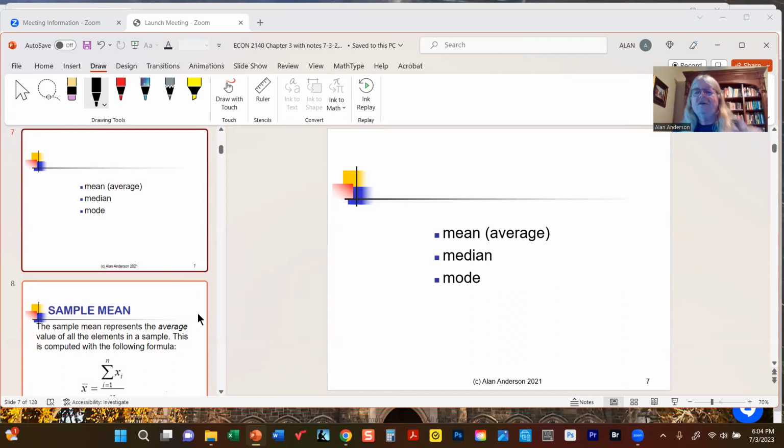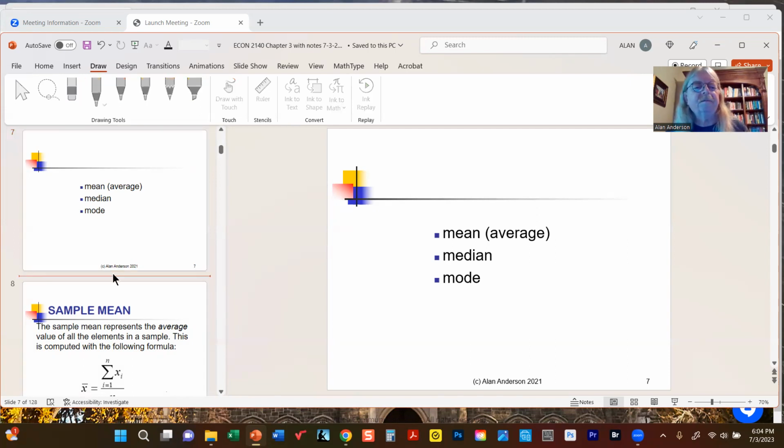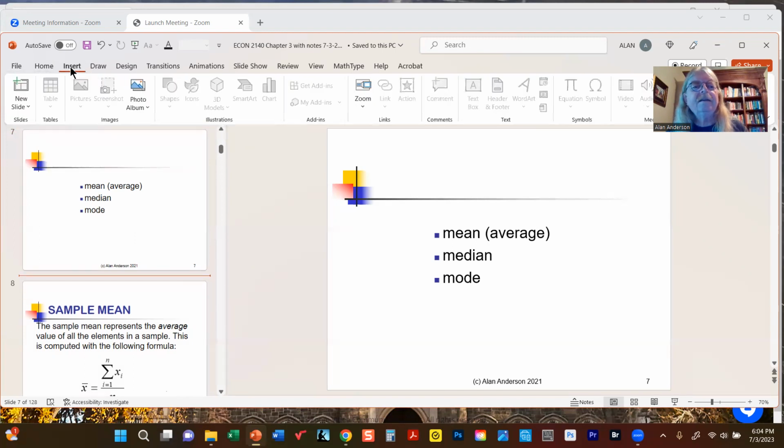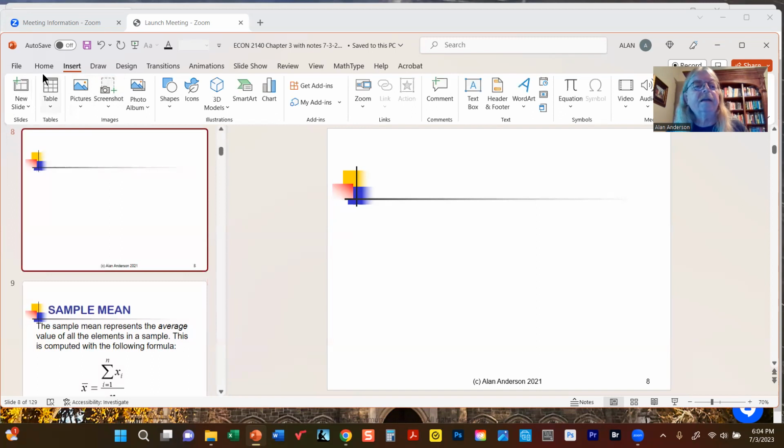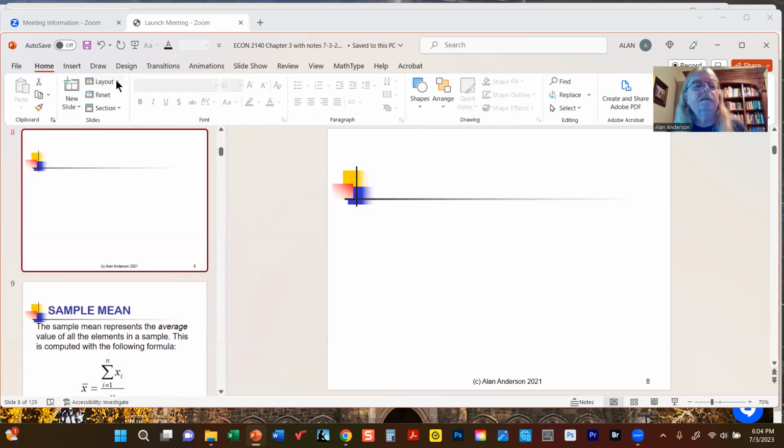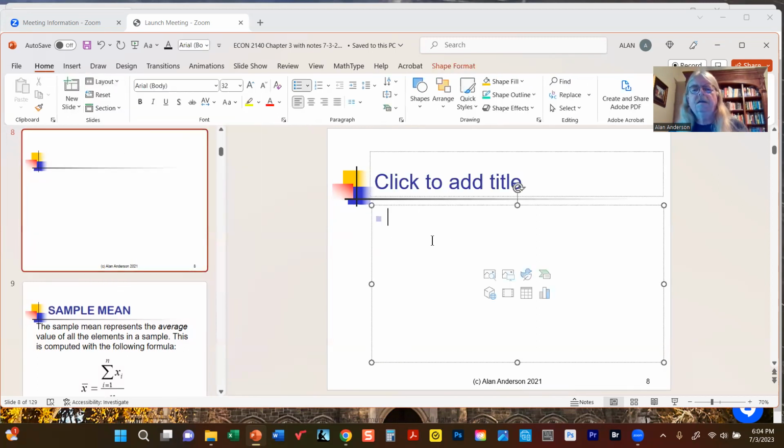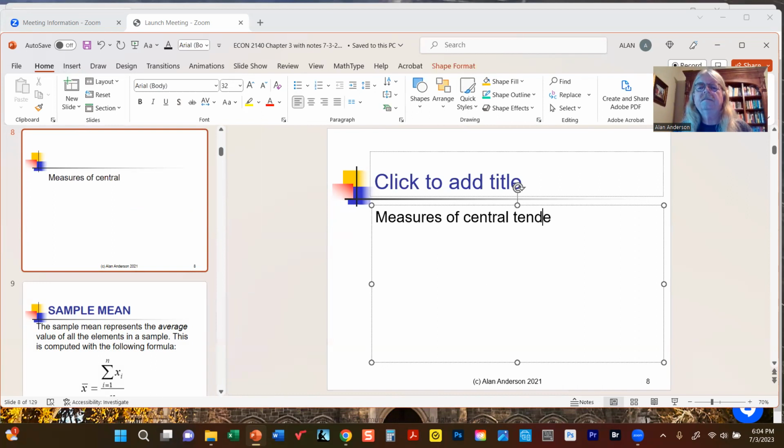Now, before we go any further, I want to mention something important here. One key detail is that measures of central tendency can be used for both samples and populations.